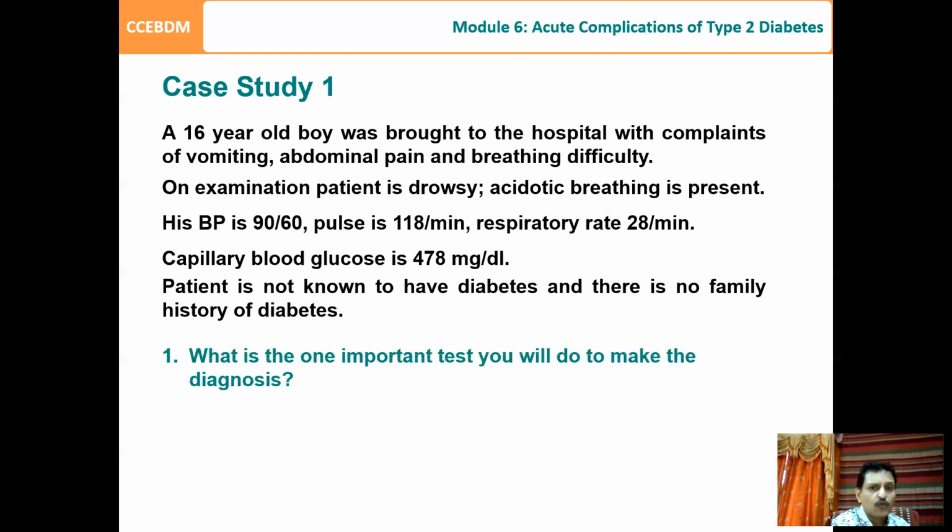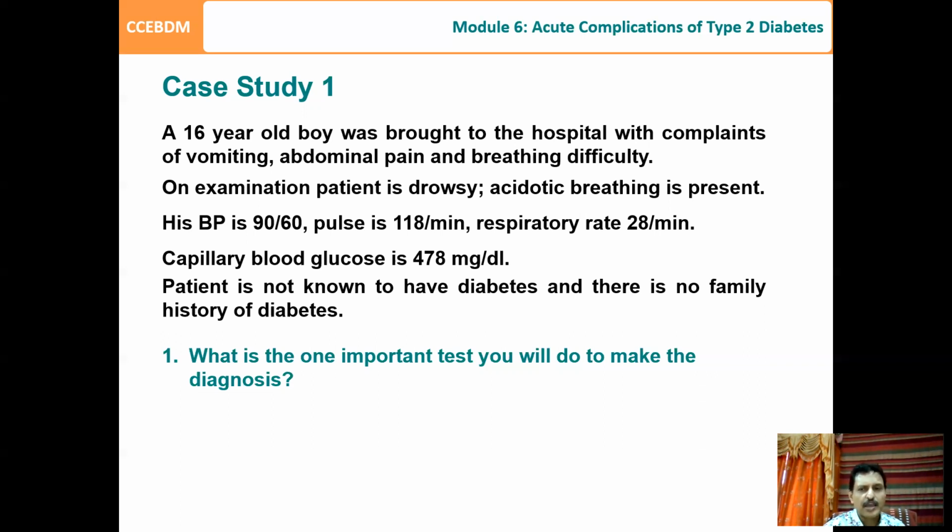Therefore the question is, which one is the most important test that you will do to make the diagnosis of this patient? So the best test we can do is checking the ketone bodies. This is our routine advice to all our type 1 diabetic subjects and also type 2 diabetic subjects, that whenever the blood glucose level goes very high, say more than 300 milligram per dl, you should check the ketone bodies in the urine.